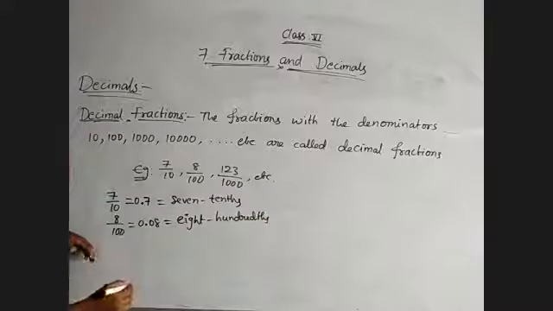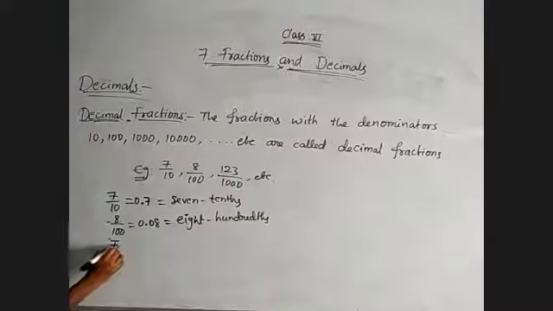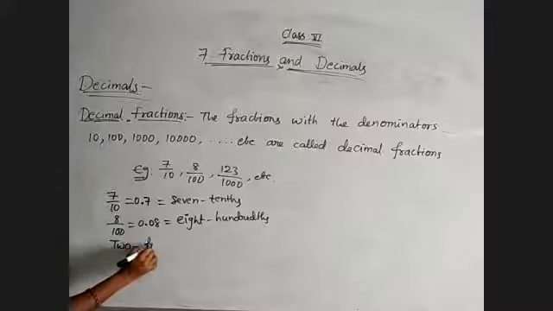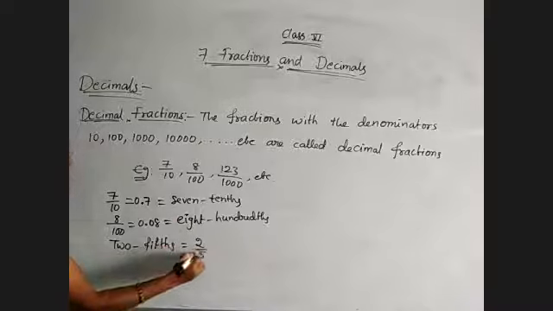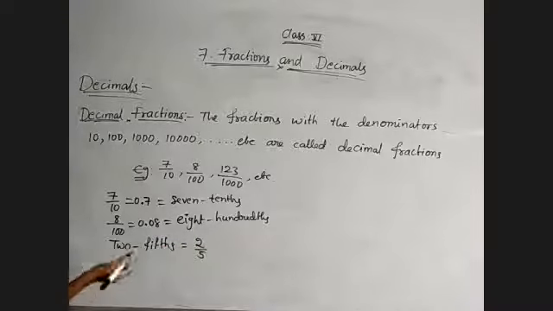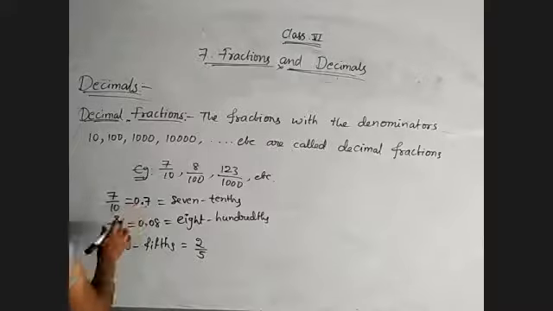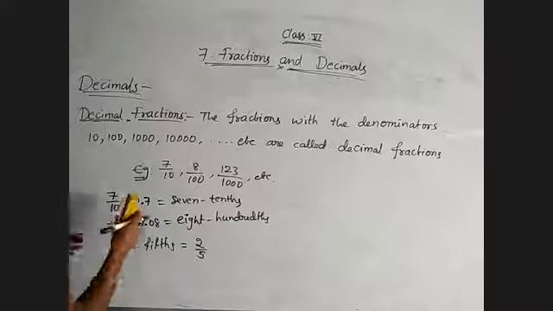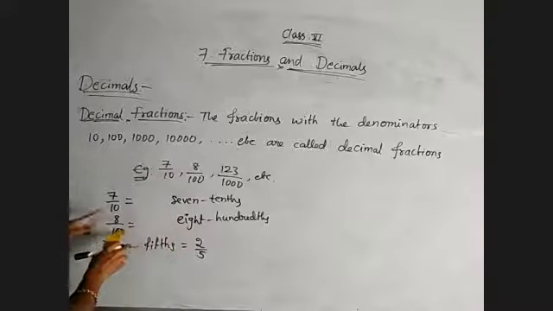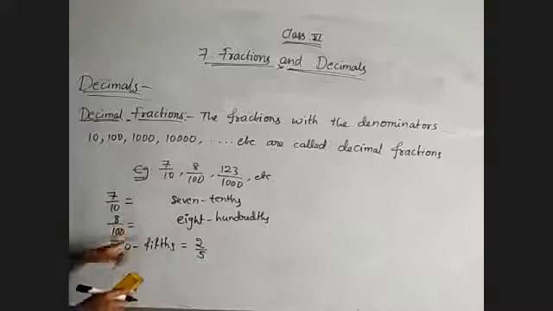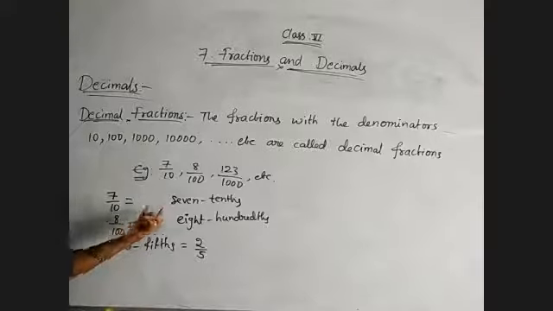Suppose I have given a number like 2 fifths. That is equal to 2 by 5. And if I want to write a decimal number in words, this is the elaboration for how we read these fractional numbers in words.